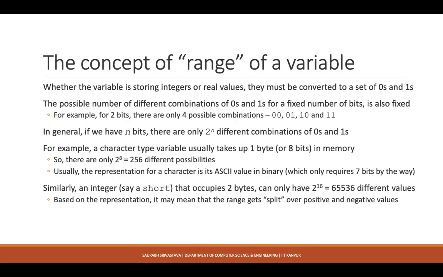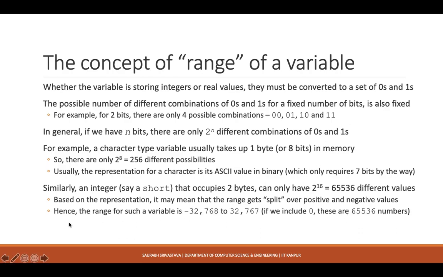what happens is this whole range has to be used for representing a short integer. So what it means is that we are going to split this whole range over positive and negative values. If you check the range of short, it is something like this: minus 32,768 to 32,767.